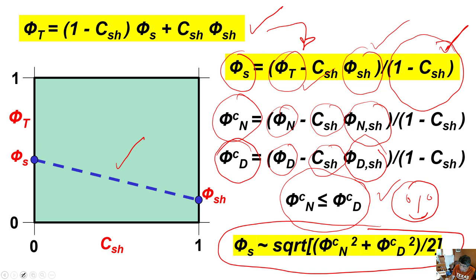And that formula comes from the behavior of neutron logs, an approximation that was derived by some gentleman that worked for Schlumberger. The derivation or the description of this is in the textbook, but essentially now we have a very good approximation of the sandstone porosity. Easy, isn't it? Well, we're going to apply it.